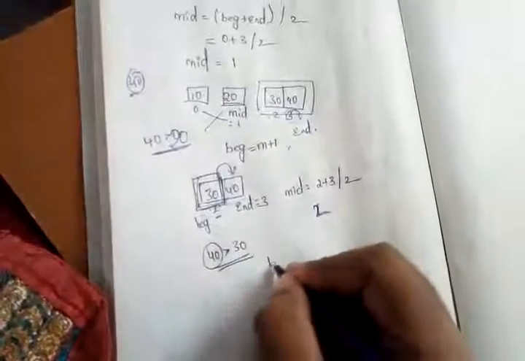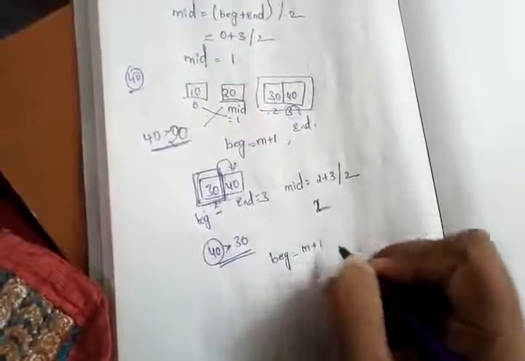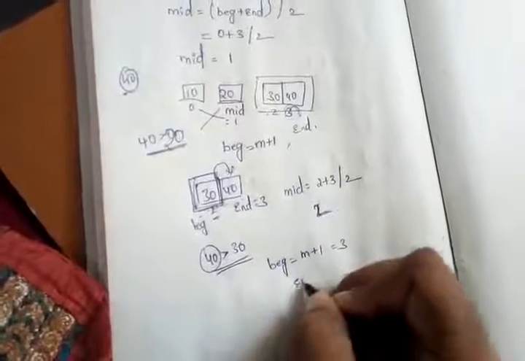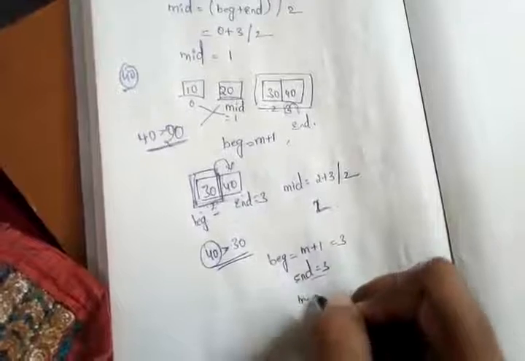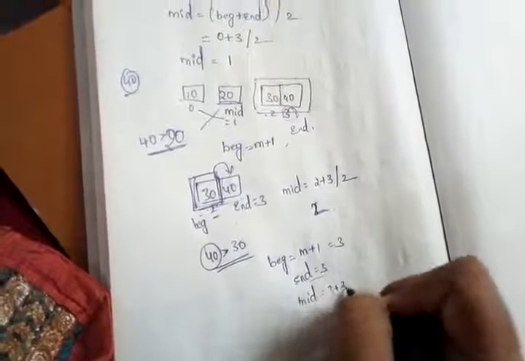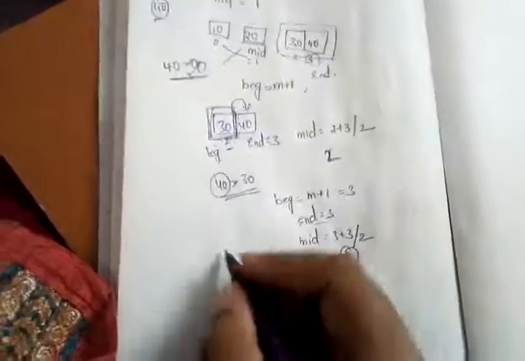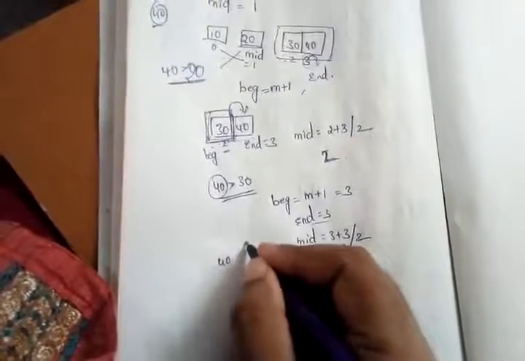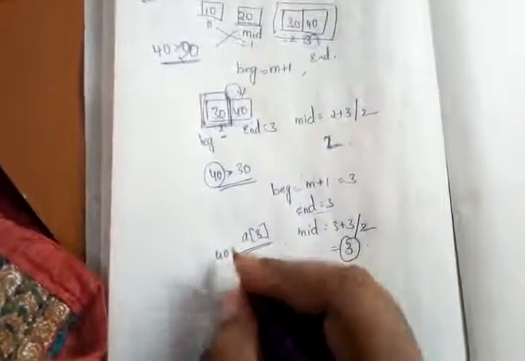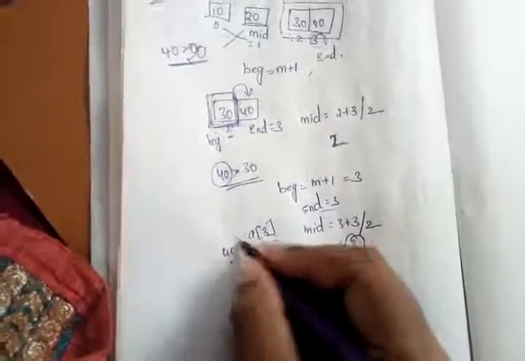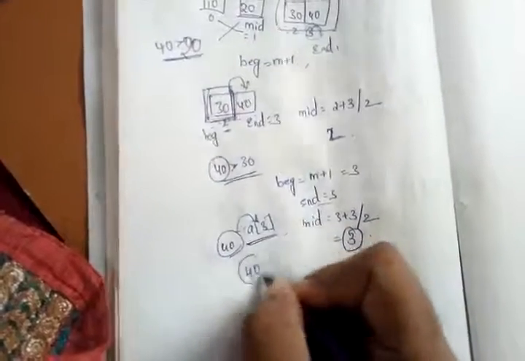So now the beginning of the array becomes mid plus 1, that is 3, and end also will be 3. So the middle element now becomes 3 plus 3 by 2, that is 3. So now 40 will be compared to the element at index 3. What will be the result is, 40 will be matched with this 40, and we can say that the element is found.